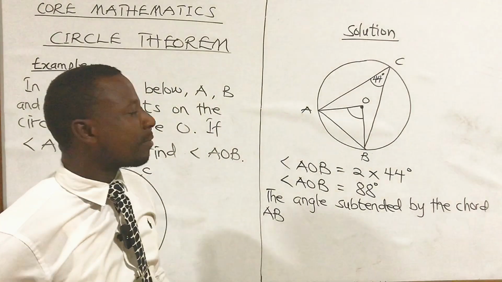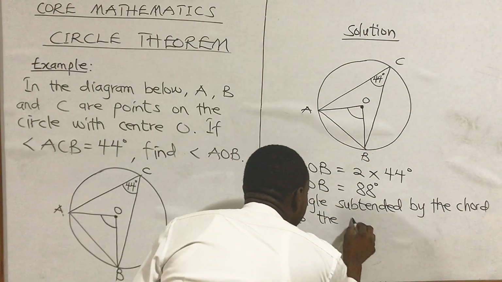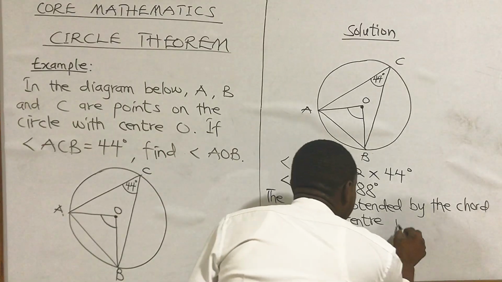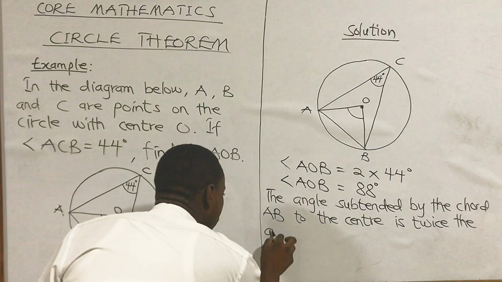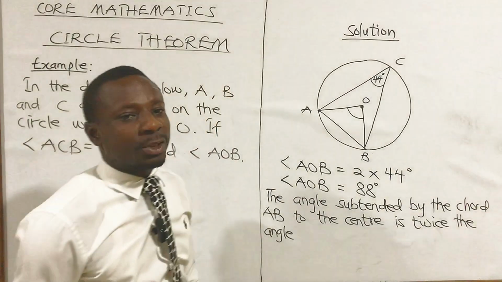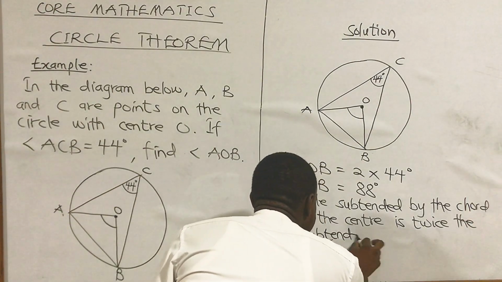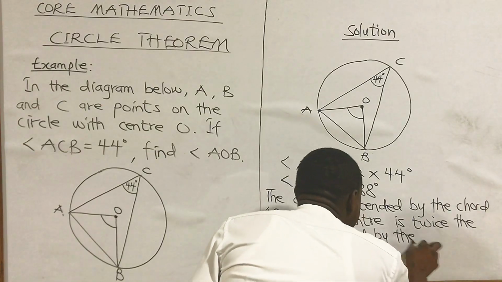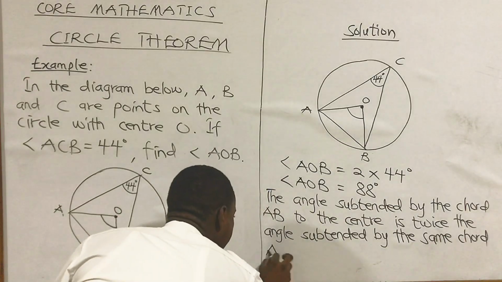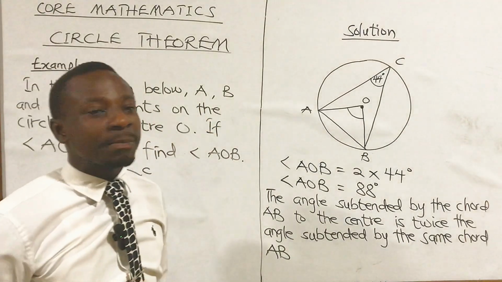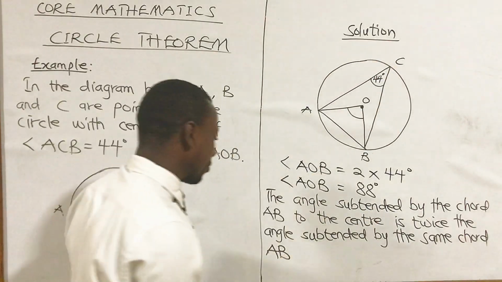The angle subtended by the chord AB to the center is twice the angle subtended by the same chord AB, but this time around it has been subtended to the circumference.